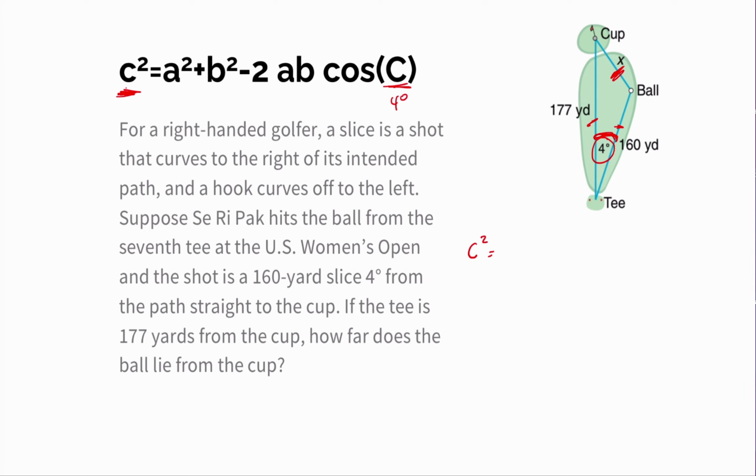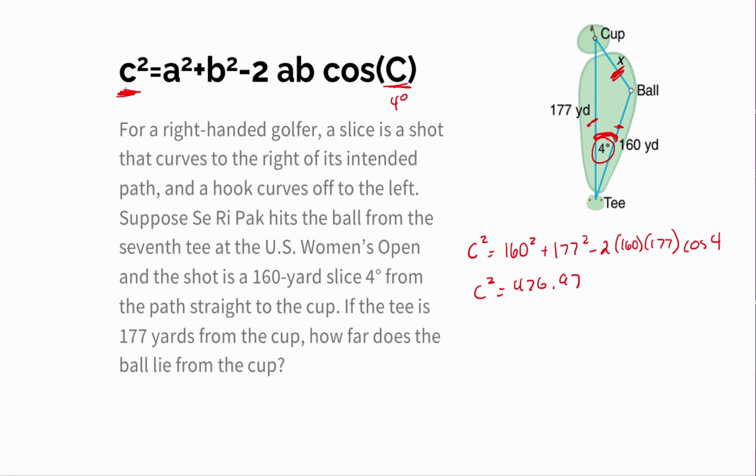So c squared equals 160 squared plus 177 squared minus 2 times 160 times 177 cosine of 4. And you plug all of that into your calculator, and you're going to get that c squared equals 426.97.